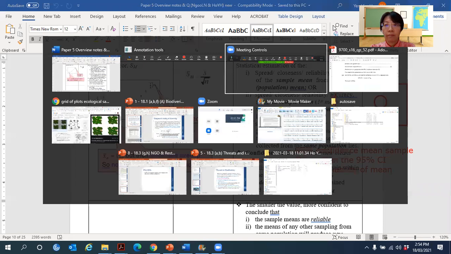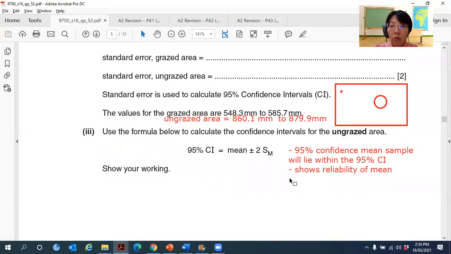Second information. Okay, so the third information you can get is you compare between these two. So everything you have learned about the confidence interval.